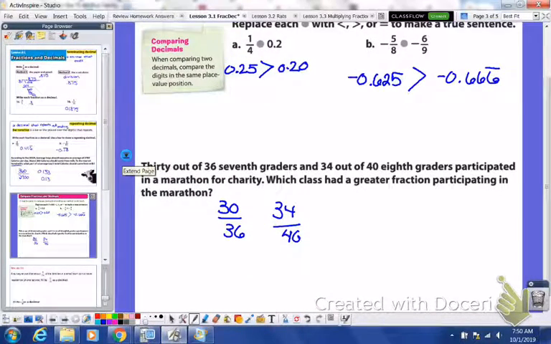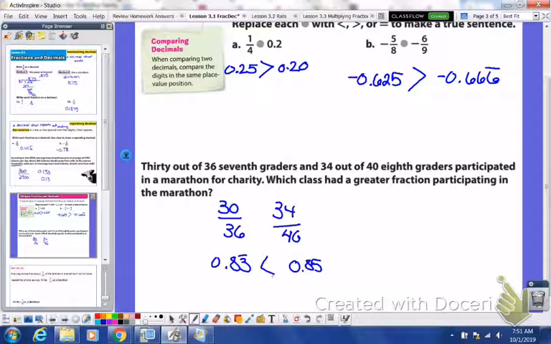Again, we want to convert these into decimals. So 30 divided by 36 is 0.83 repeating. 34 out of 40, if we divide those, we would get 0.85. 83 is less than 85, even though this is repeating.